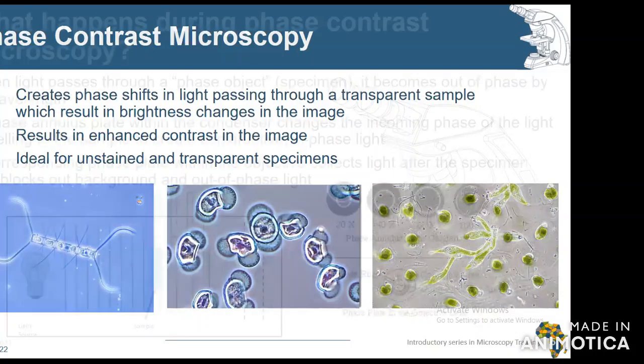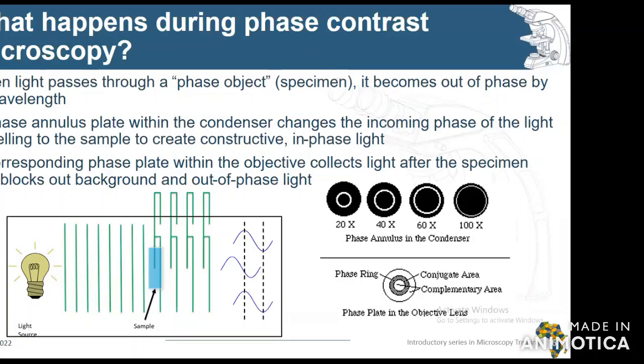When we are talking about phase shift in phase contrast microscopy, all we are talking about is the amplitude and the wavelength of the light. So a phase annular plate within the condenser changes the incoming phase of the light that is traveling to the sample, and this will create the constructive in-phase light.